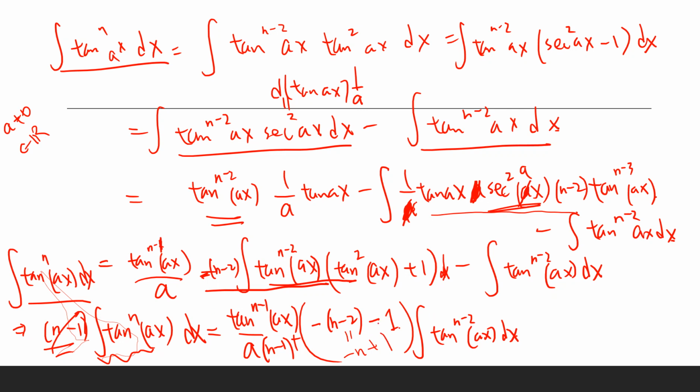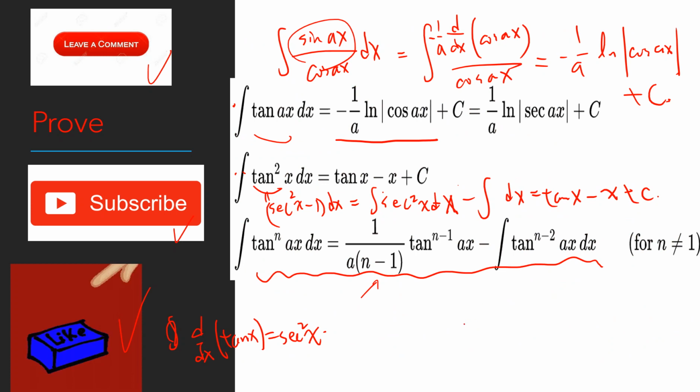So this cancels. There's a minus sign here. So you get tangent n minus 1 ax divided by a times n minus 1, minus the integral of tangent n minus 2 ax dx. Okay, so this is the formula for this proof.